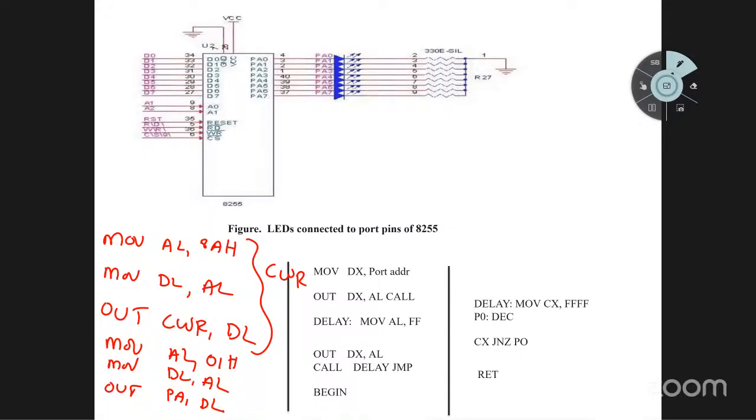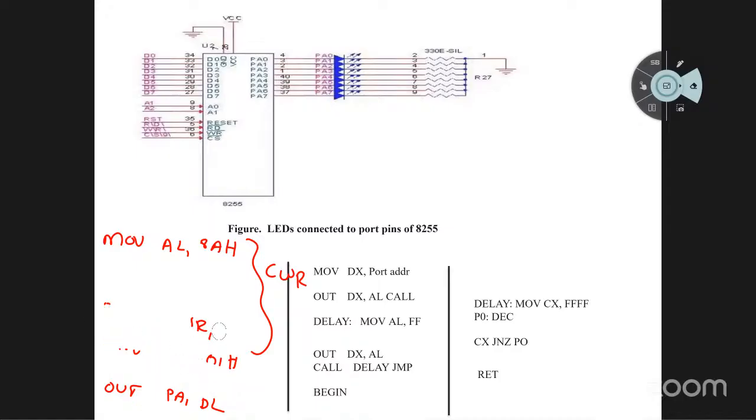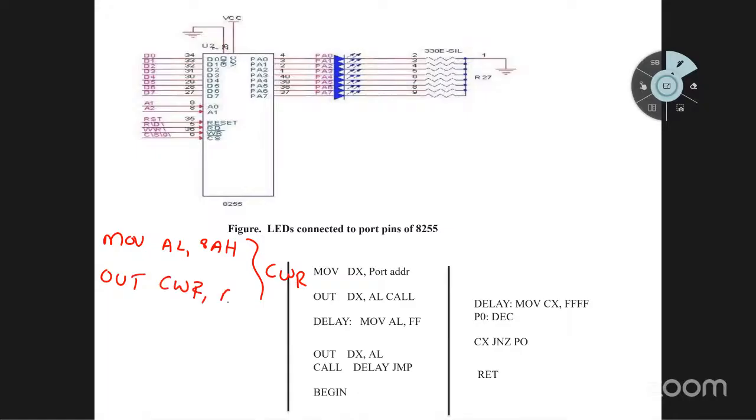Or simply, if you are getting confused, then you can use simply this: OUT CWR, AL. This is for CWR setting. MOV AL, 01H, OUT PA, AL. This is the port A purpose.